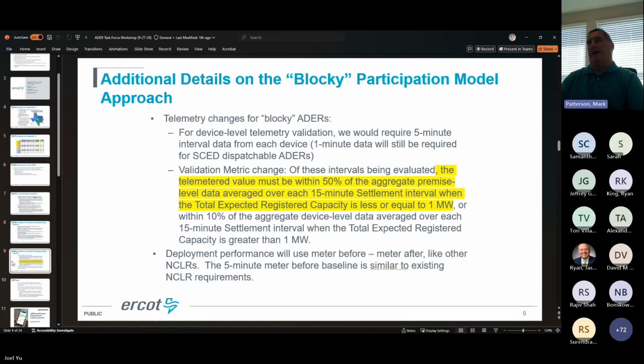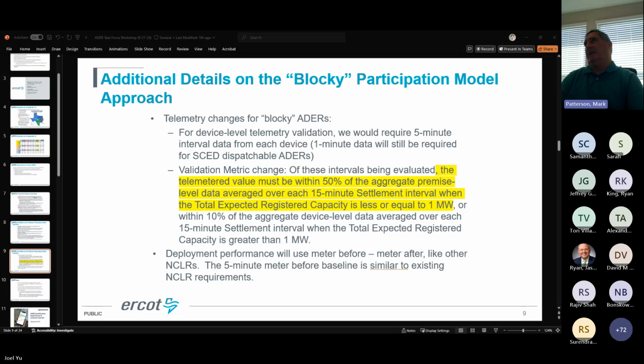Really, the two significant changes are, and I think everybody's aware, we have continued to evolve with telemetry validation. The problem really with telemetry validation seems to be when the resource is very small. I don't mean small in numbers of sites, I'm talking about a very small number of kW. That's when it gets really difficult, especially to meet the criteria that we've used even in phase 2, because phase 2 evolved even from phase 1.